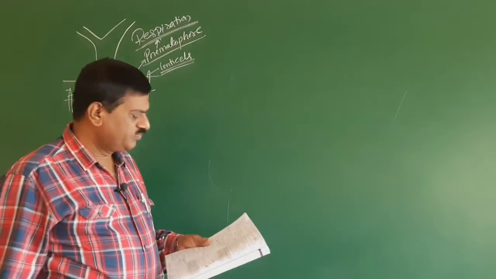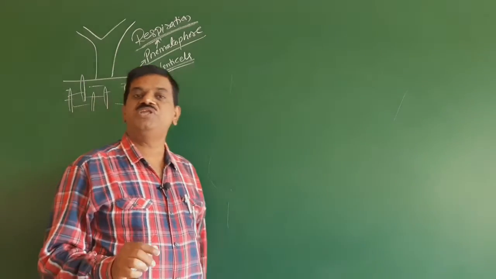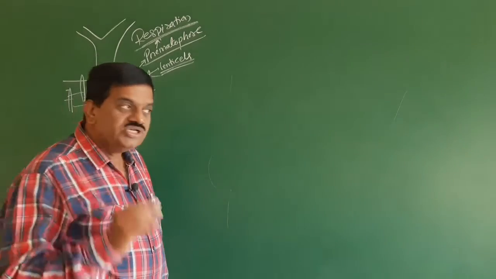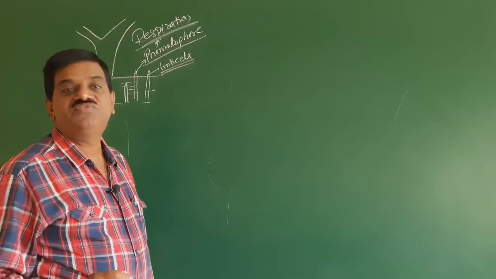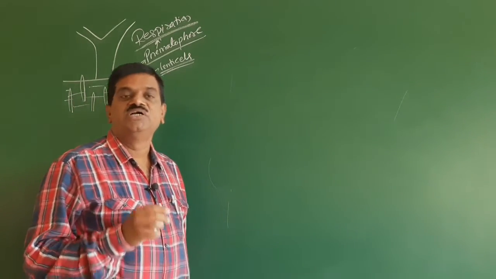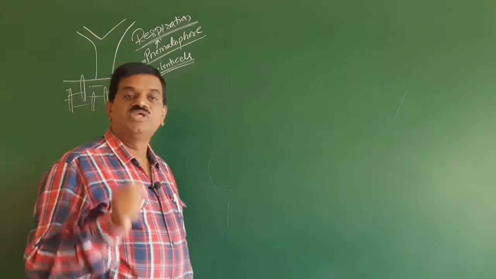We go for the second one, transpiration. The word transpiration is nothing but the loss of water. In the aerial parts of the plant body, like the leaf, there is a presence of stomata. Through the stomata the water is thrown out in the form of water vapor.